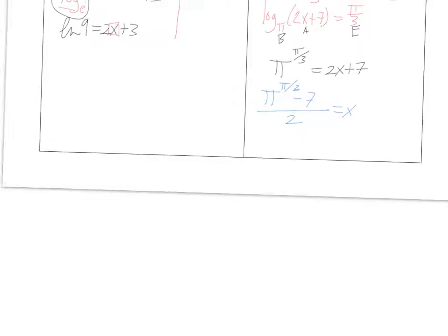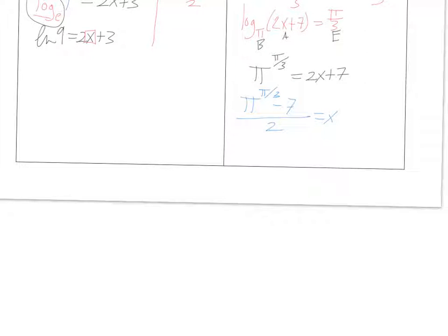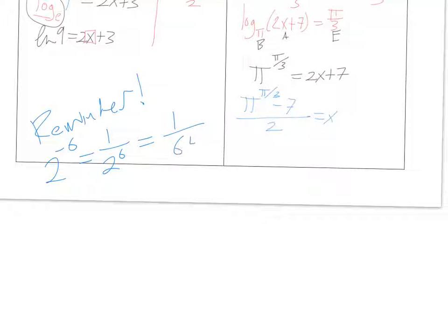As a last comment on exponentials and logs, I'd like to remind you of a couple things. If you have something like 2 to the negative 6, that's the same as 1 over 2 to the positive 6, which in this case is going to be 1 over 64. The other thing to keep track of is fractional exponents.